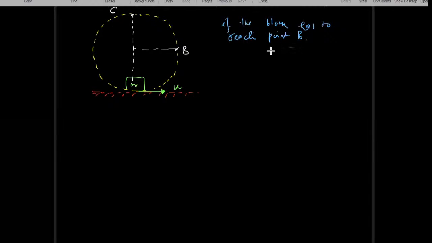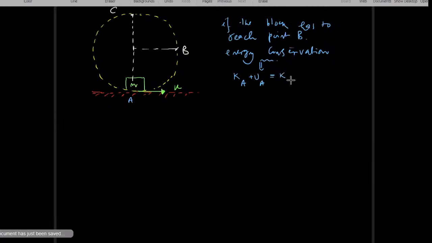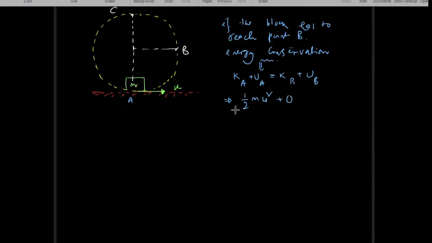So the block has to reach point B, and if I do energy conservation, I can write kinetic energy at point A plus potential energy at point A is equal to kinetic energy at point B plus potential energy at point B. So kinetic energy at point A is half mu square plus 0, because I am taking this as the reference level, is equal to 0 plus mgr.